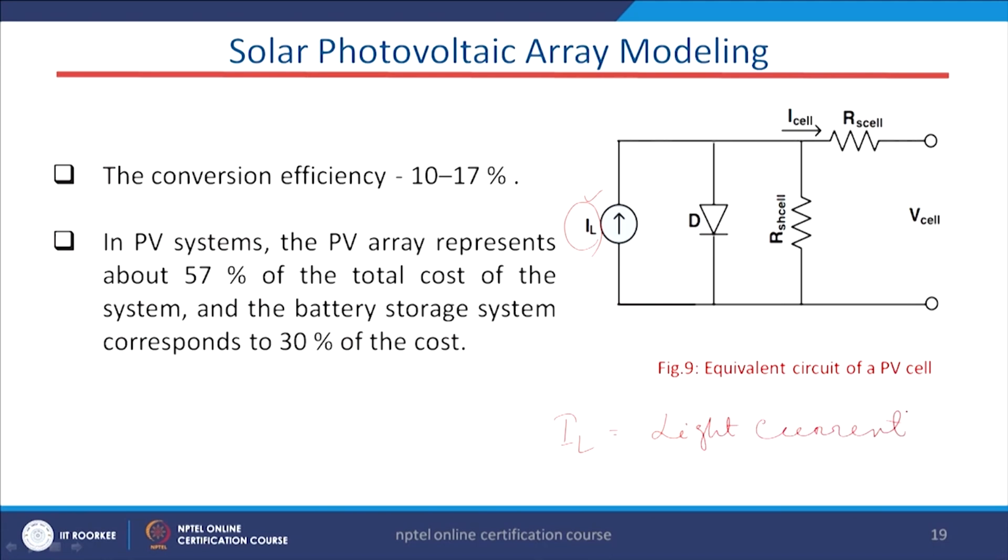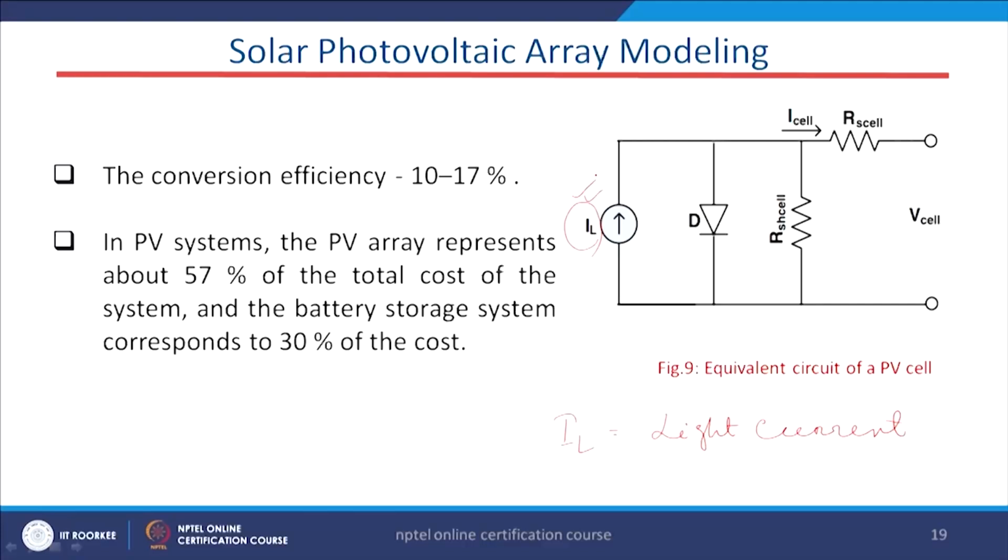Because, as we have discussed from the very beginning, in a solar cell we basically use photodiodes, where the light produces the current. So, that is your light current, and we have a diode. This is the diode symbol in the equivalent circuit of the cell we have kept, and this is the shunt resistance, and this is the series resistance.